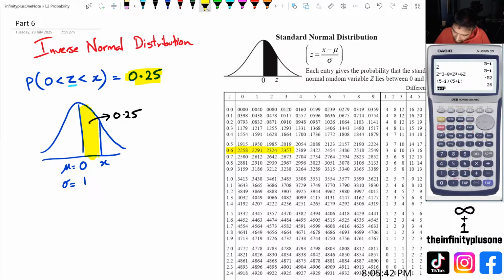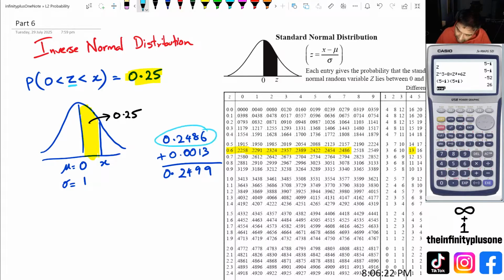If I keep going along, I can probably get up to 0.2486, and then I've got to go to the end. The best I can do is 13, so 0.2486 plus 0.0013. I think this is the closest I'm going to get to 0.25.